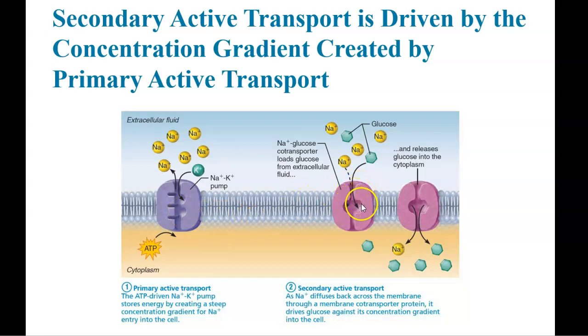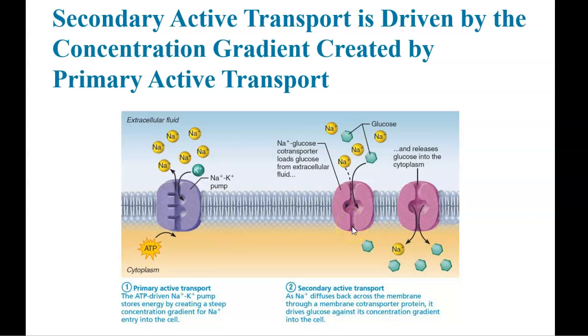Then we have the secondary active transport, which, because sodium is now at a greater concentration outside of the cell than it is inside of the cell, is going to move down its concentration gradient. So it'll go from high to low, and it's going to cross this co-transporter.